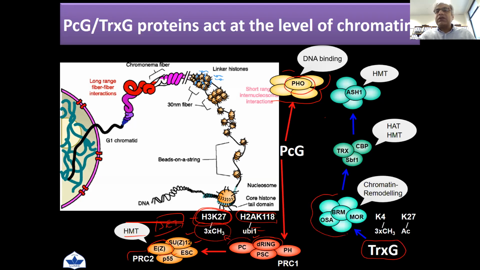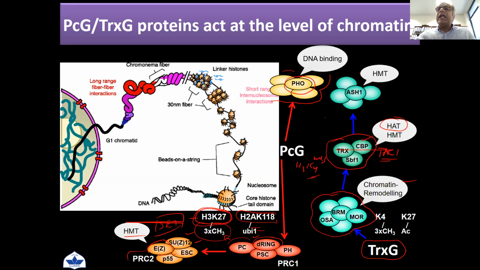The Brahma complex is a chromatin remodeling complex, which is shown here. Then you have Trithorax, SBF, CBP, etc. This is also called the TAC1 complex, so it contains a histone acetyltransferase. CBP is a histone acetyltransferase, and Trithorax, as we already talked about, catalyzes H3 lysine 4 trimethylation.